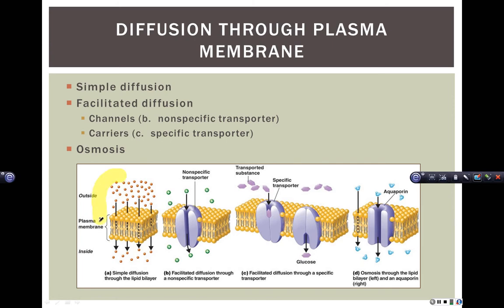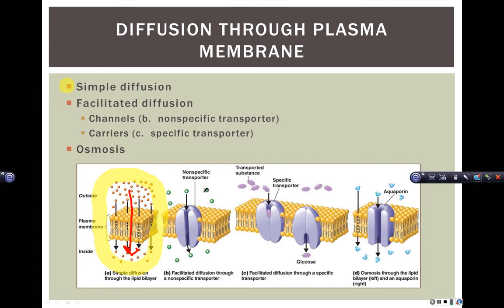In the picture on the far left, the little teeny tiny molecules, like oxygen, can go straight on through the phospholipids, and that is called simple diffusion. So when the little teeny ions and molecules can go straight on through the phospholipid bilayer, that's called simple diffusion.